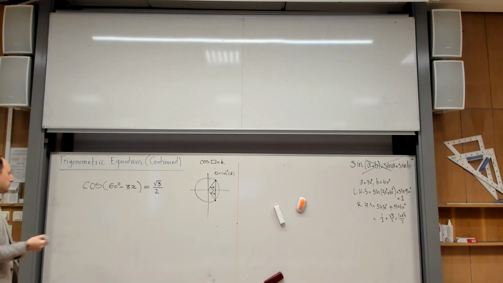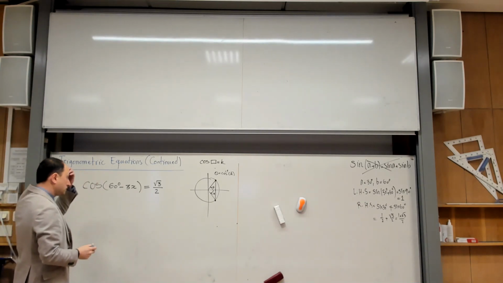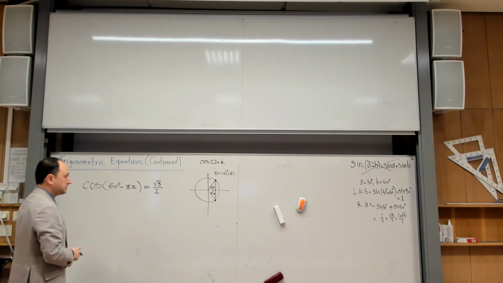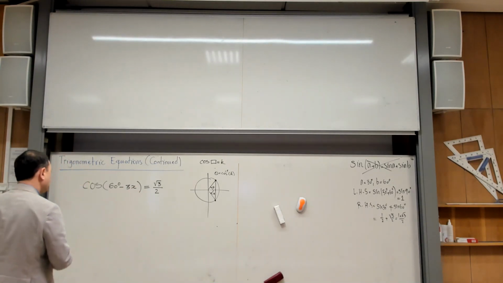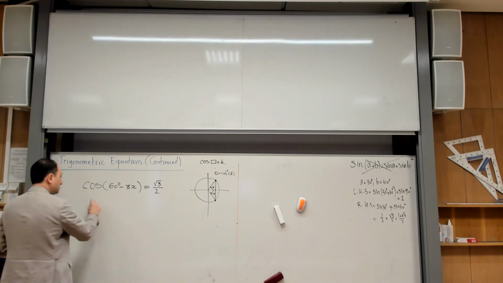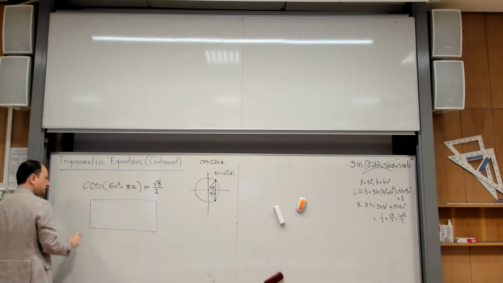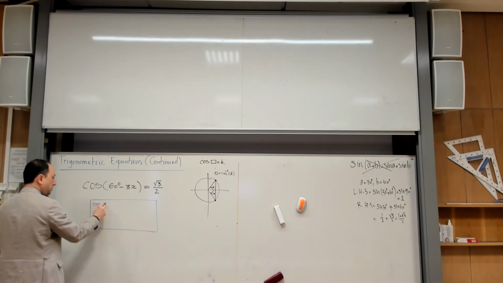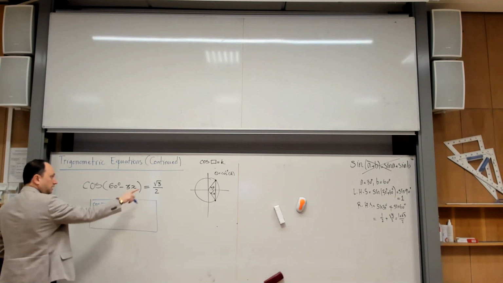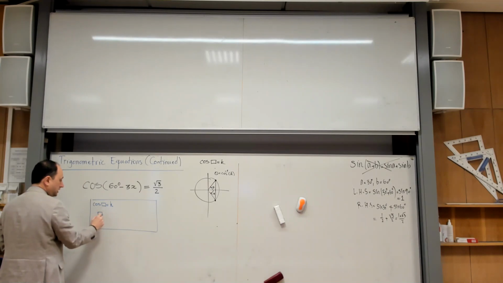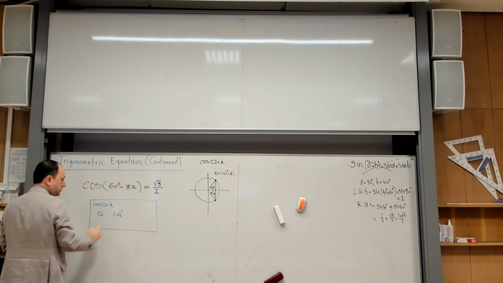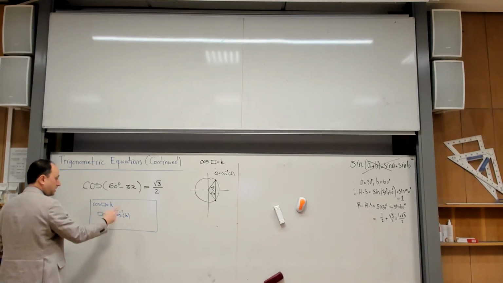So that's the point. What you do when you want to solve, you have to somehow imagine that. And I told you that it is better because the formula is not in the formula sheet. You can write the formula in front of your eyes, yes? So you can say that, okay, cosine of some box is equal to k. According to this idea, I realize that what is inside the box is, of course, cosine inverse of that k. But that is not enough, because there is another one, which is the negative of that.